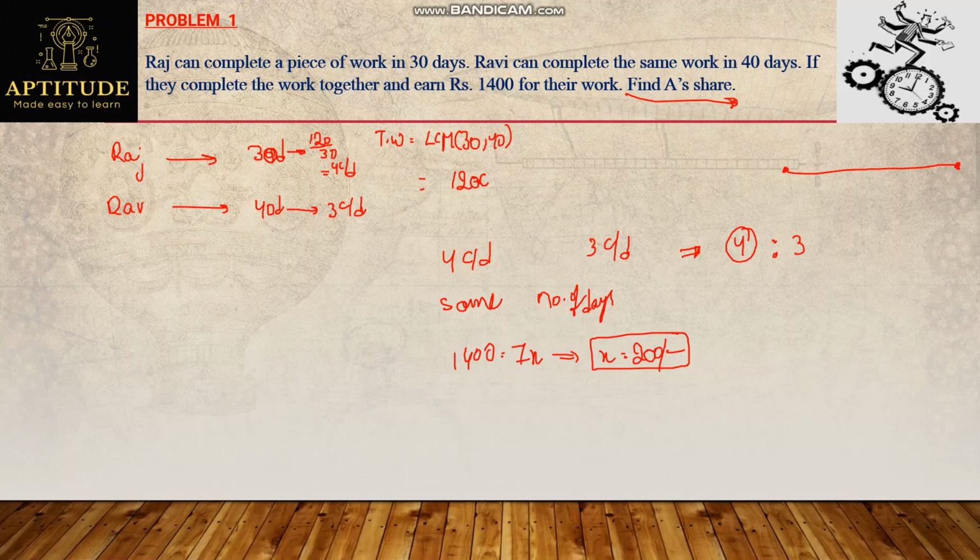So A's share will be 4 into 200, which is 800 rupees. Therefore, A's share in this work will be 800 rupees. And this is how we can expect a problem. We cannot expect problems directly giving these conditions like same number of days and their efficiencies. We need to solve the problem by ourselves and get these conditions logically from the given question.